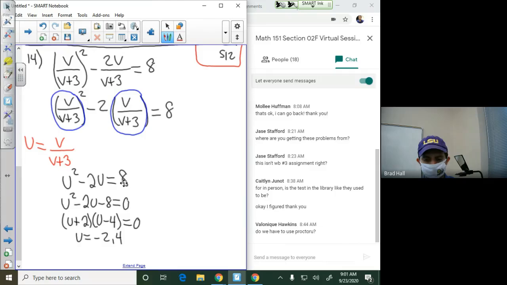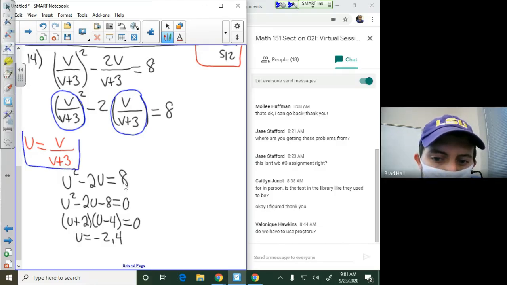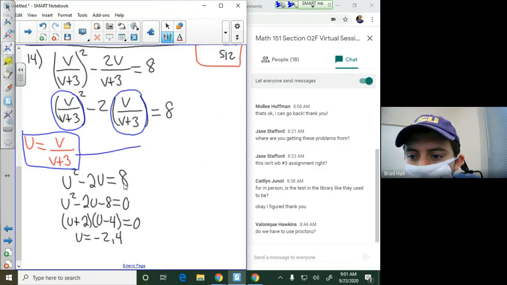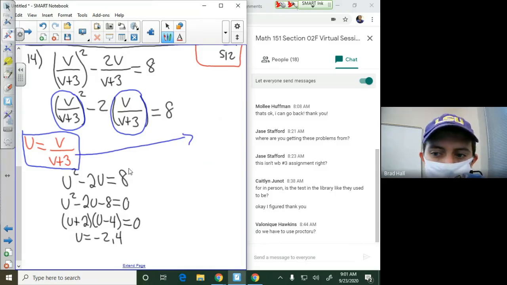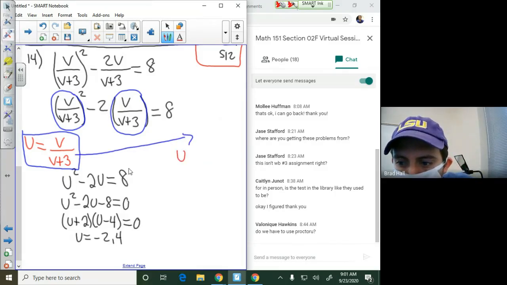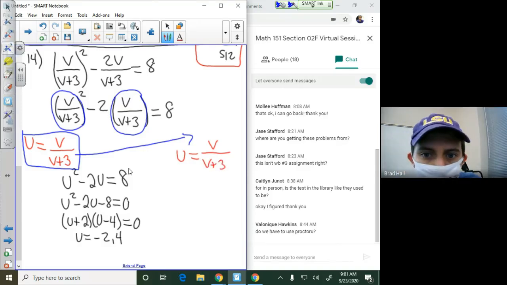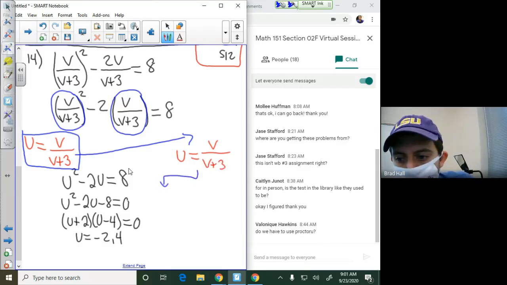However, u's are not good enough. We need to convert back to x's, which means we need to bring back the rule and apply that rule to the instances of u that we found.